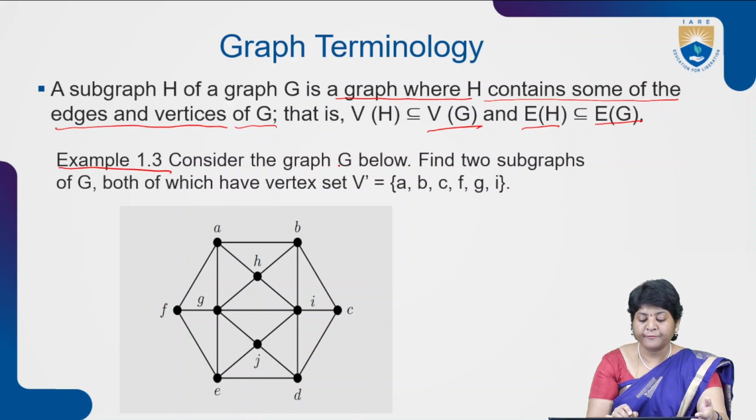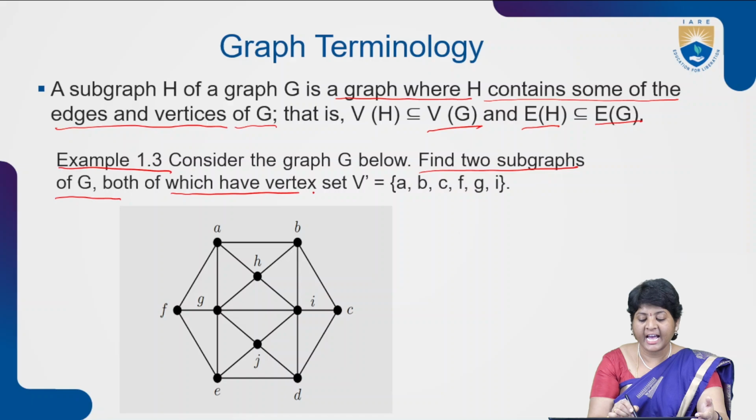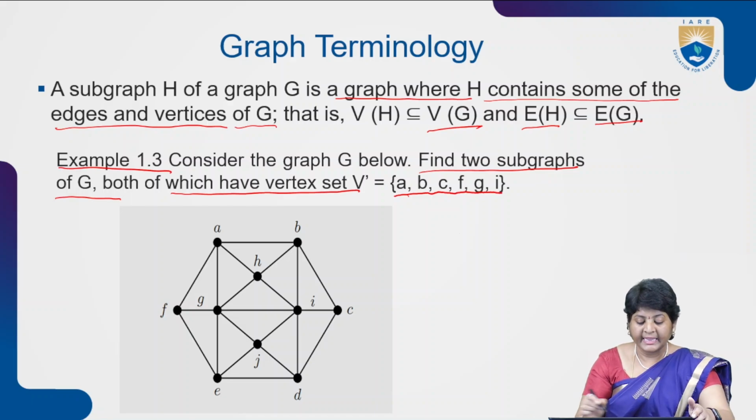Consider the graph G below. Find two subgraphs of G, both of which have vertex set V: A, B, C, F, G, I. So in this figure, they are asking for two subgraphs which include a few vertices.